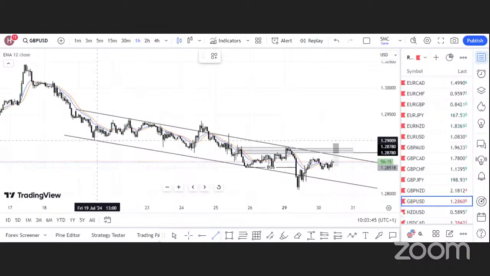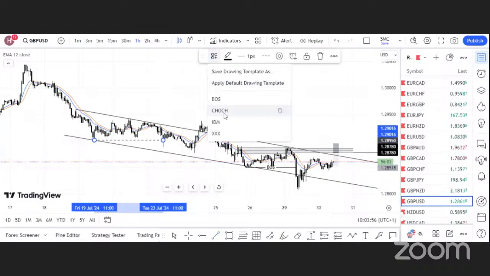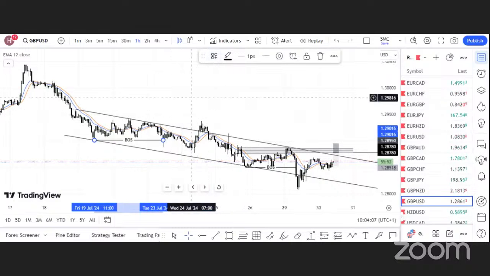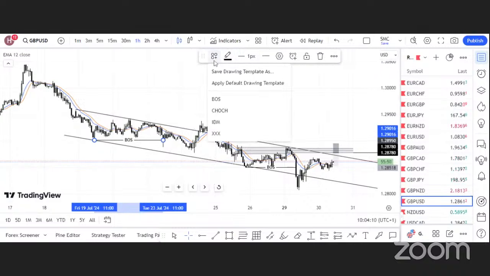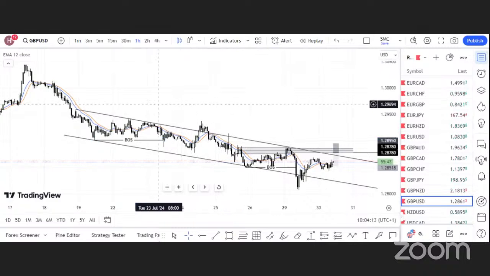So if you look closely, you'd notice something. Okay, so if you look at this closely, you'd notice that every time the market makes another move, another low, a new leg is created.